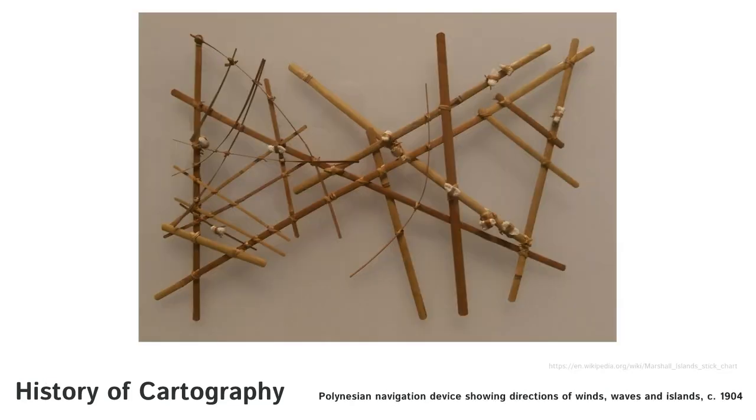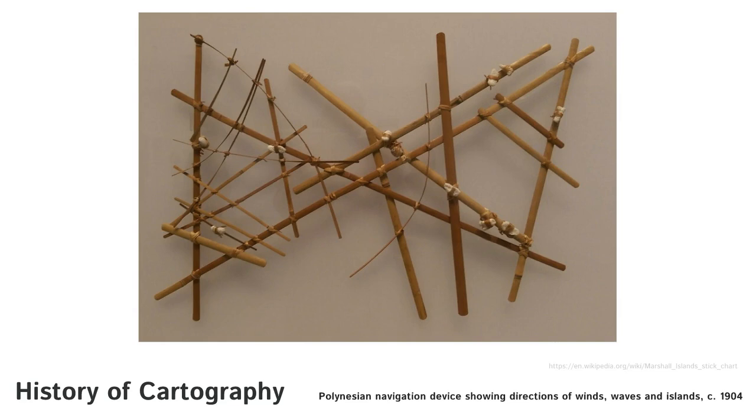Here is a map from 1904. This is a Polynesian navigational device, and it's very diagrammatic in nature, and it's produced by natural elements, sticks essentially, that are culled from a natural landscape.